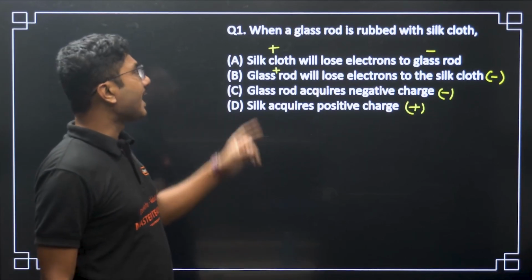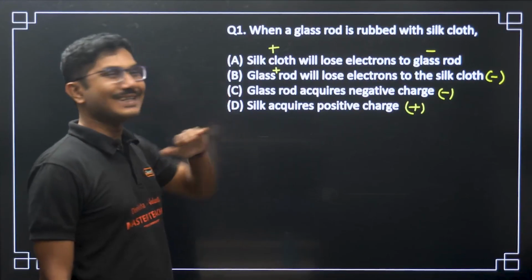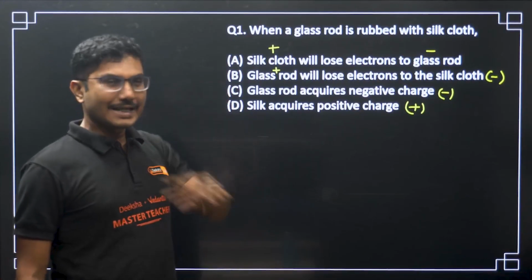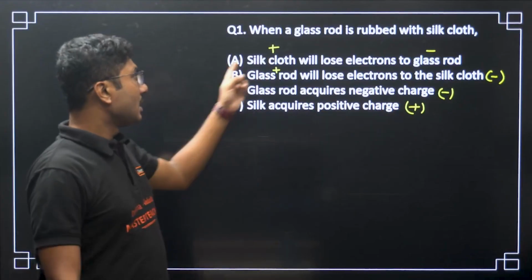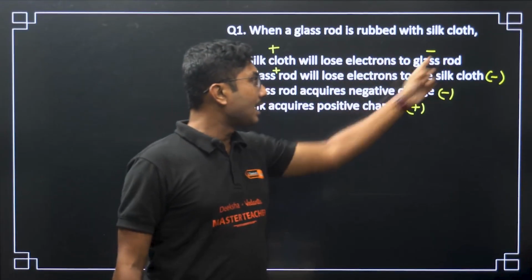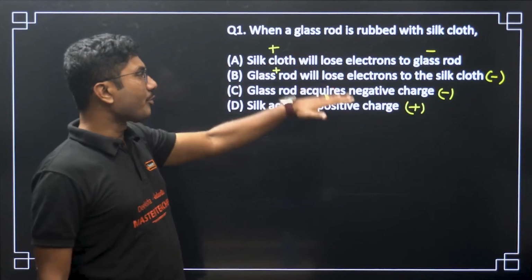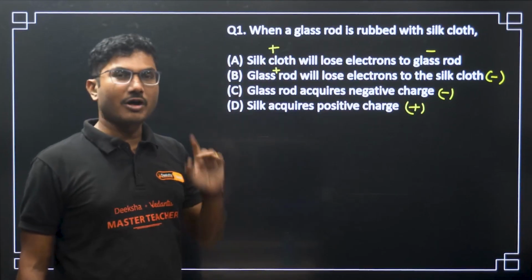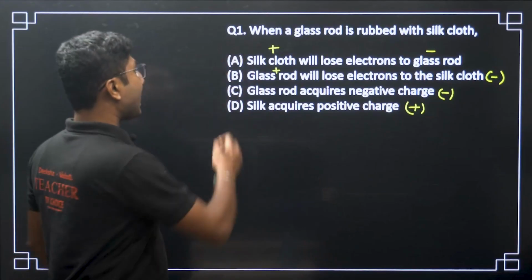So if you see, option A, option C and option D are basically the same. Silk cloth becoming positive, glass rod becoming negative. So these three options must be incorrect, because there is only one possible correct answer, so that is option B.